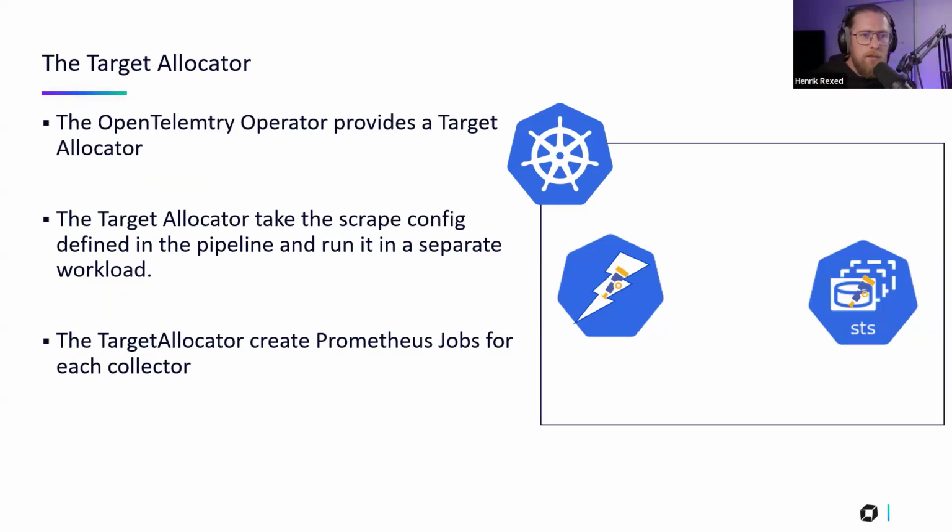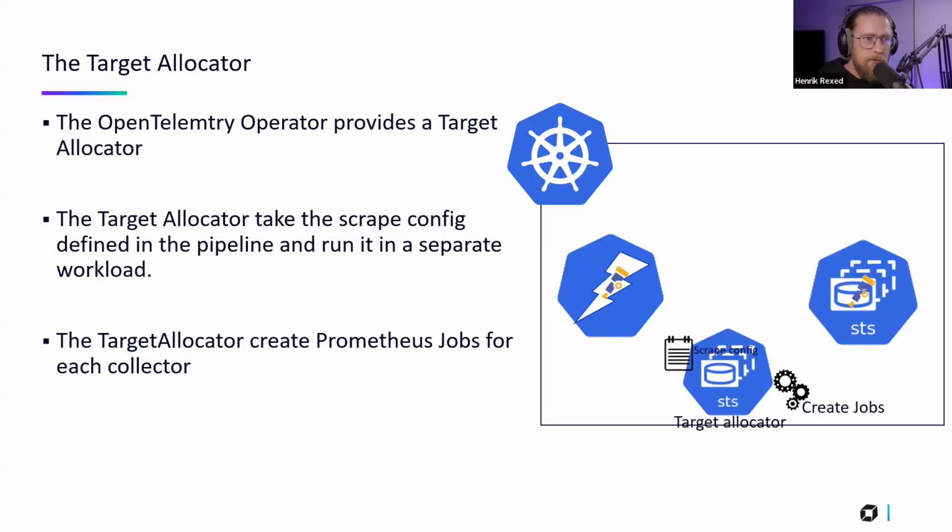What does it mean? Well, when you do that, it takes the scrape config of your pipelines and sends it to the target allocator, and the discovery of the metrics, the relabeling configs and so on, are no longer done on the collector, they're done on the target allocator.